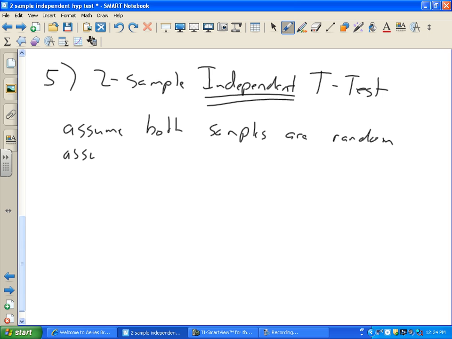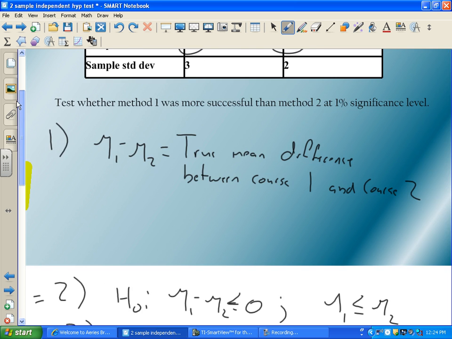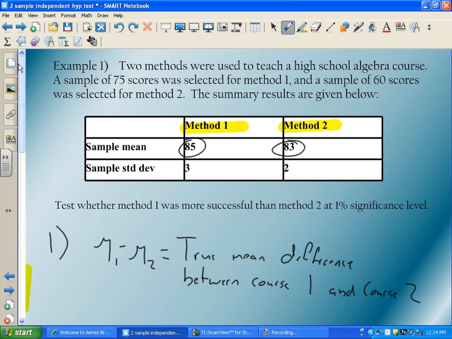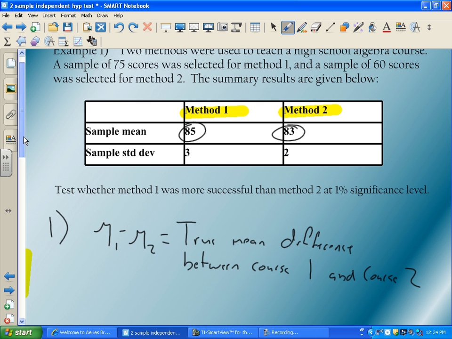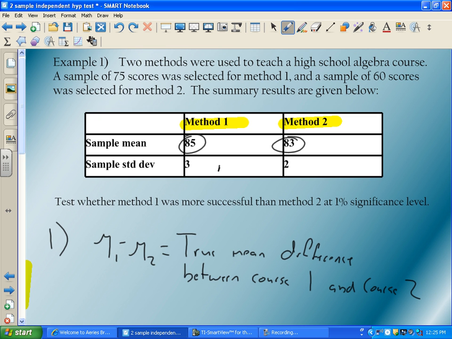We also have to assume, what was my sample size in each of them, did it say? 75 and 60. So I'll say method 1 is n equals 75, and method 2 is n equals 60.